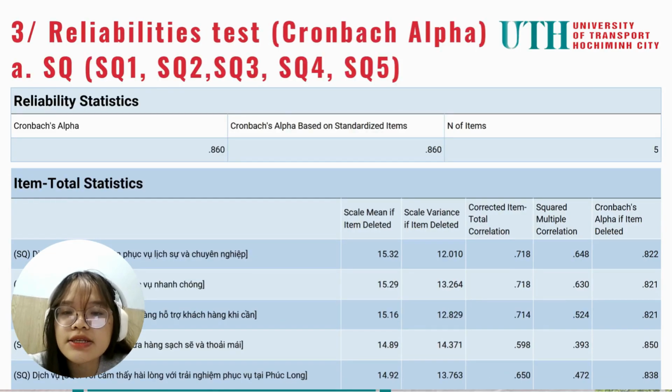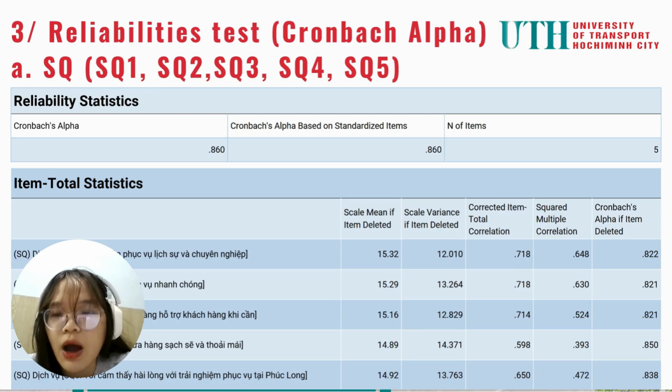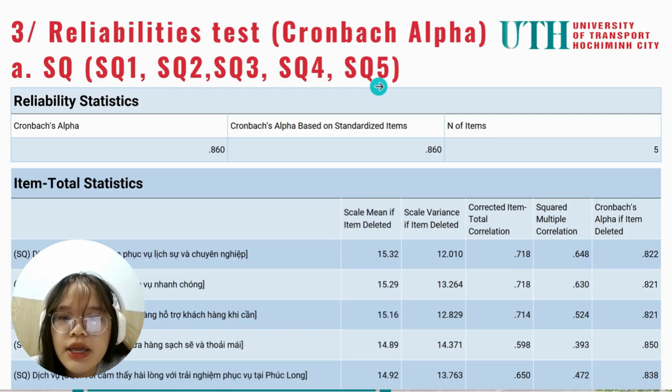Next, I will conduct the reliability analysis using Cronbach's alpha. For service quality, SQ1 to SQ5, Cronbach's alpha was 0.86, which is higher than the requirement of 0.7.